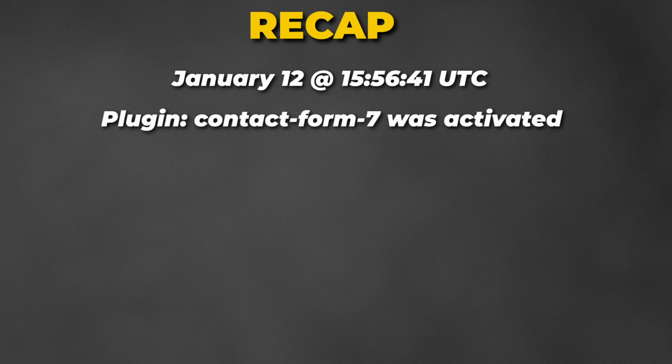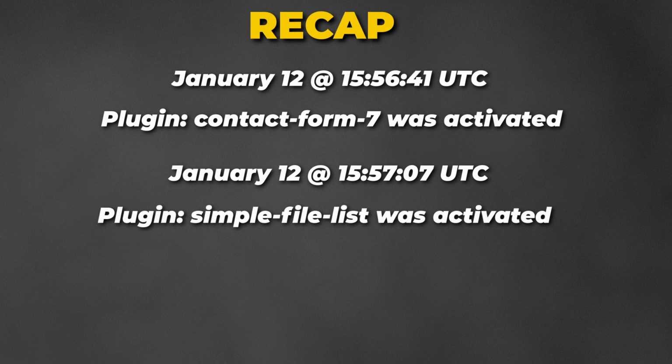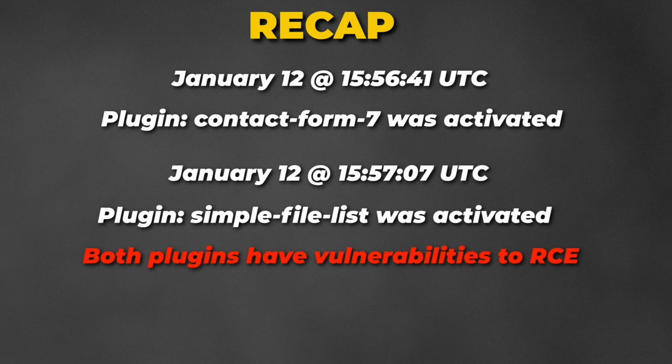On January 12th at 15:56:41 UTC time, the plugin contact-form-7 was activated. Shortly after, at 15:57:07, another plugin, simple-file-list, was activated. Both plugins have a remote code execution vulnerability, allowing attackers to upload malicious files to execute on the server.